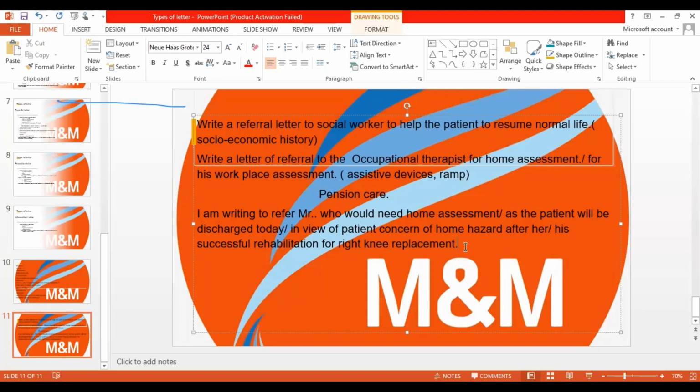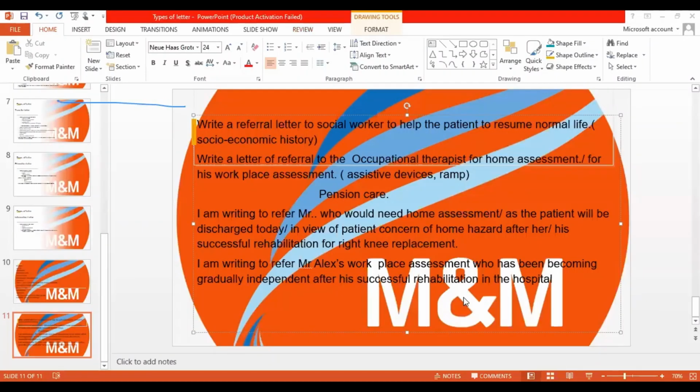And if you are writing this letter to the occupational therapist for the workplace assessment, we can simply write it in this way. This is for the workplace assessment and for the home assessment, right? So we can write it down in this way, right?